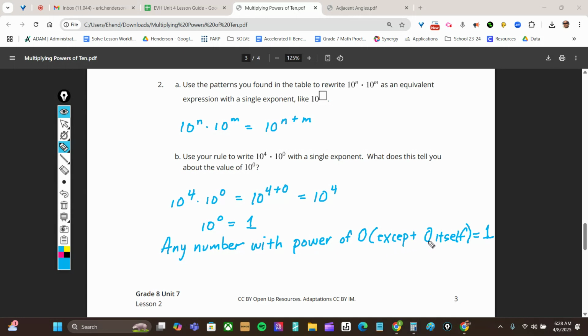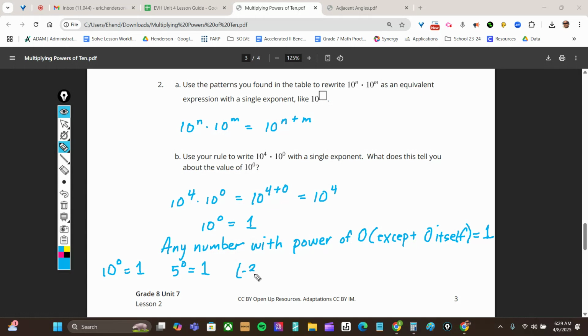Except 0 itself. Just for clarity, for example, 10 to the 0 equals 1. 5 to the 0 equals 1.